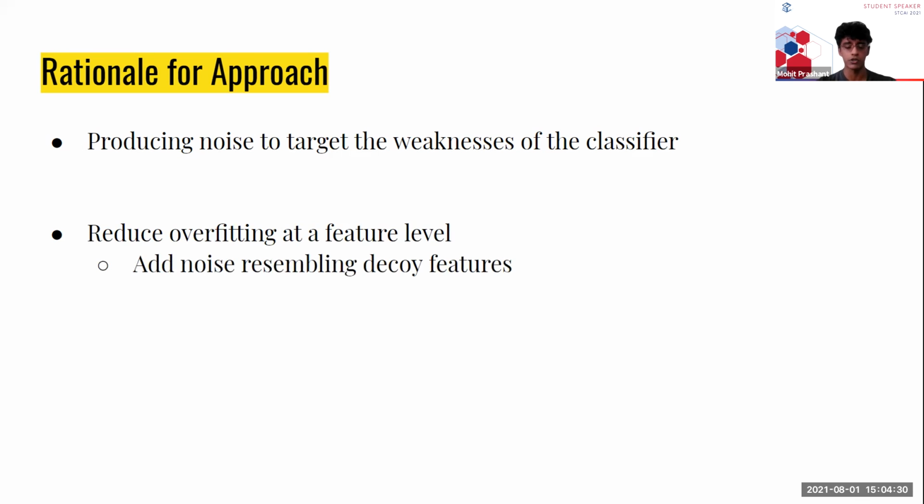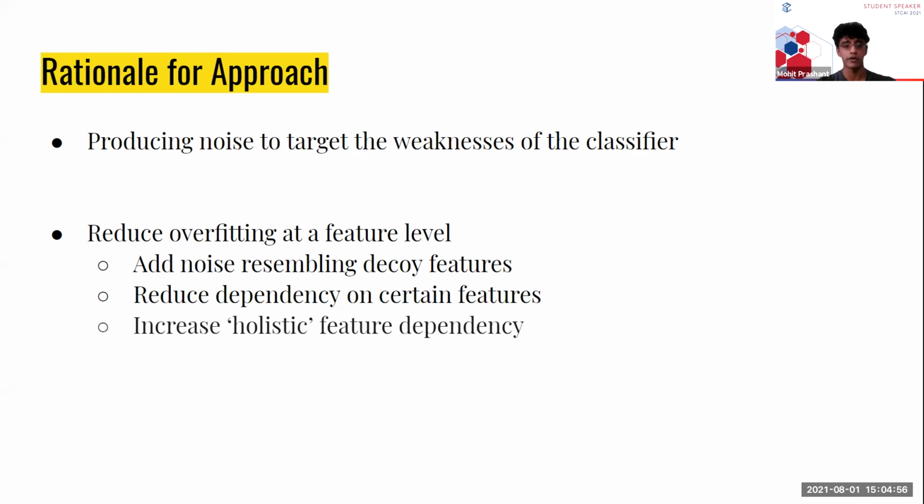Firstly, by adding noise resembling decoy features, you'd be able to reduce overfitting for more handwriting resembling noise. Secondly, we'd be able to reduce dependency on certain features that might not provide enough information to help classify within certain labels.